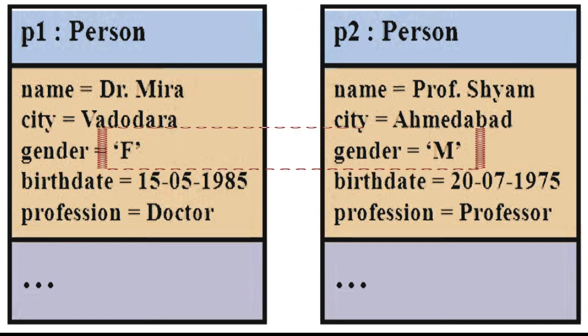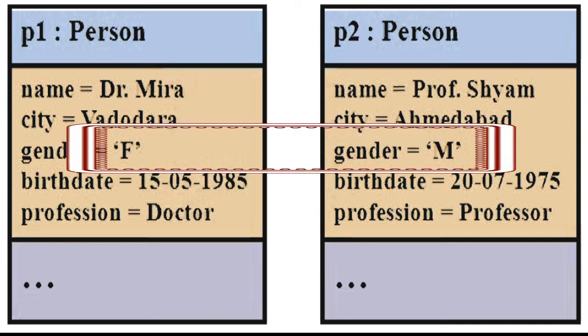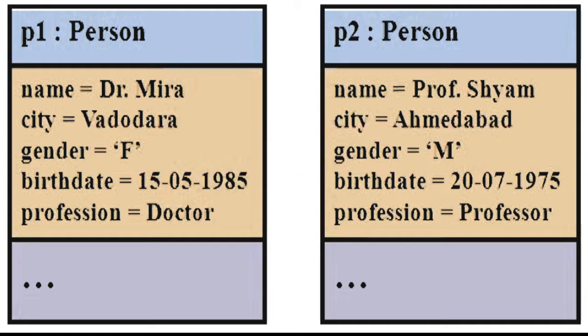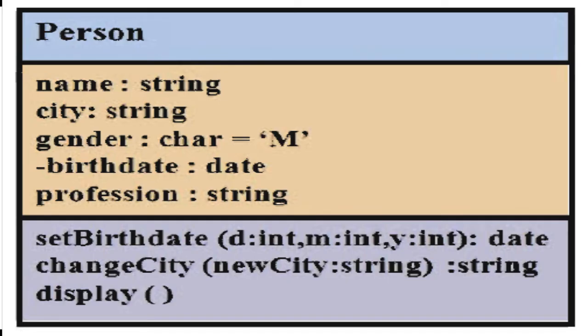Now you can see that this F and M is written inside single quotes. Okay, so when we are giving a value which has data type character, at that time we write that value in single quotes.